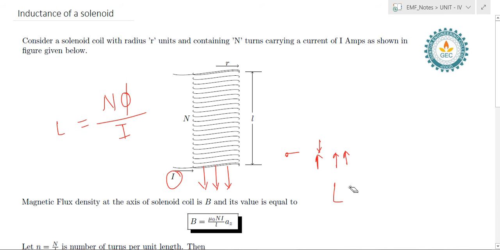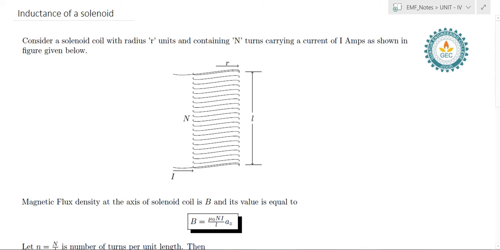To find out the value of phi, first we need to evaluate the magnetic flux density. We know that magnetic flux density and magnetic field intensity are related as B is equal to mu naught H, where mu naught is the permeability of the medium.